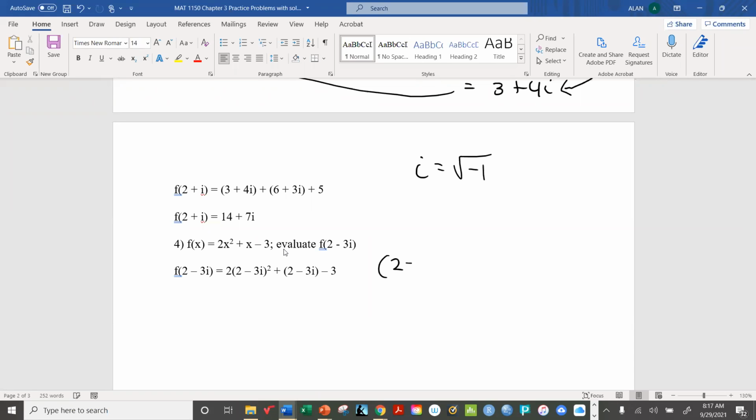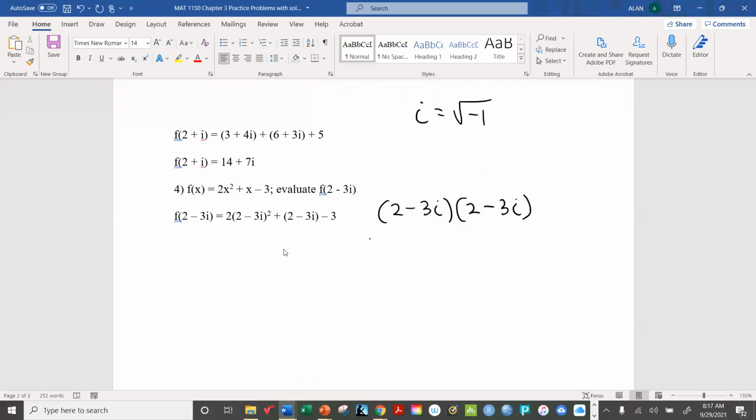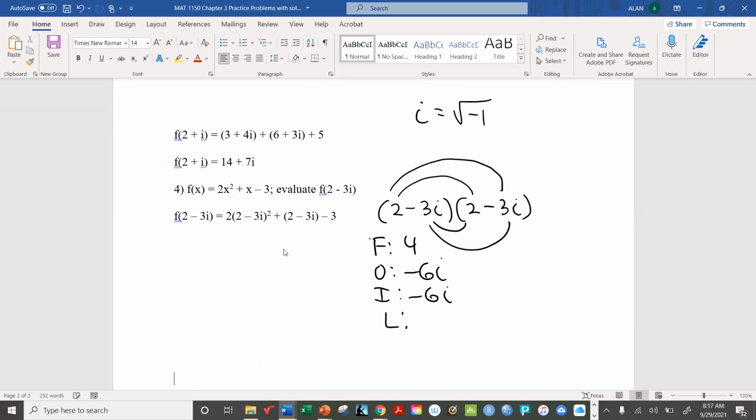So 2 minus 3i squared is multiplying this expression by itself. Applying FOIL, we have 4, minus 6i, minus 6i, 9i squared.